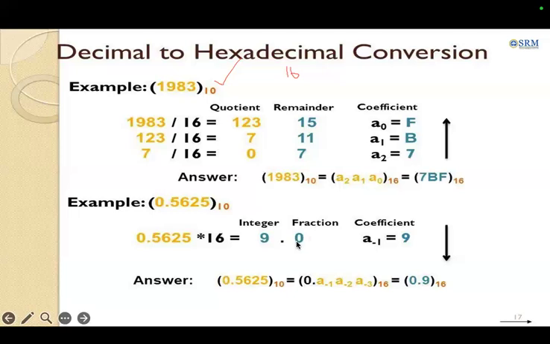So with only one step, one integer value, that is 9, with this coefficient we can stop the conversion. So the equivalent fractional part is represented by 0.9. This is how the decimal fractional part is converted to a hexadecimal fractional part.